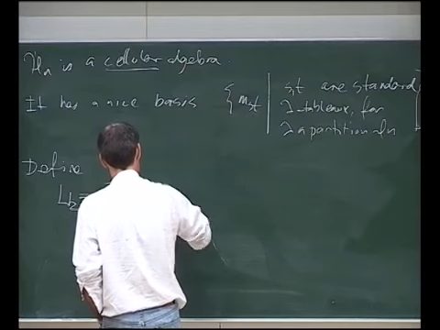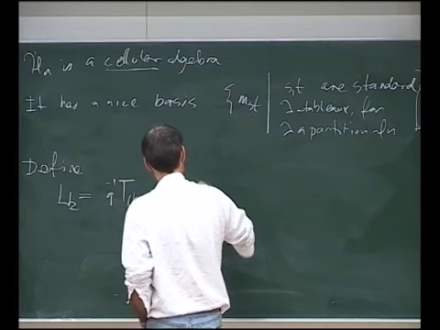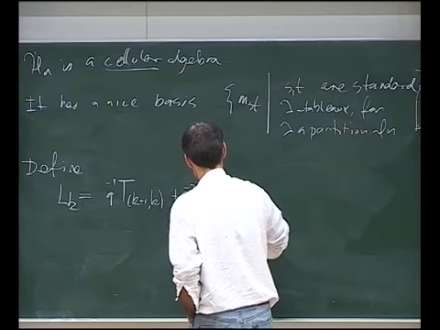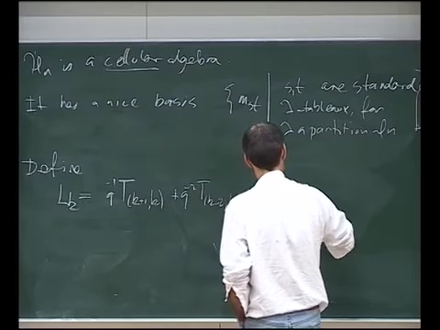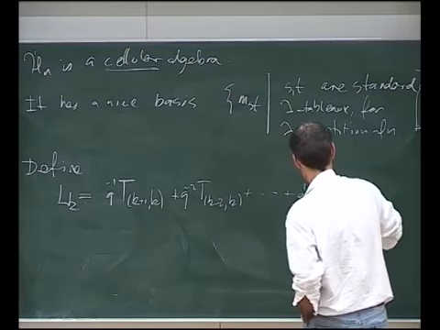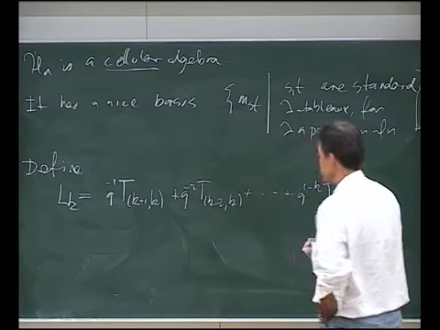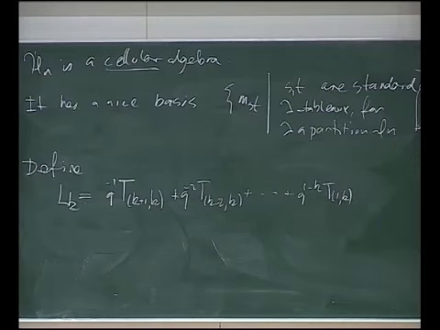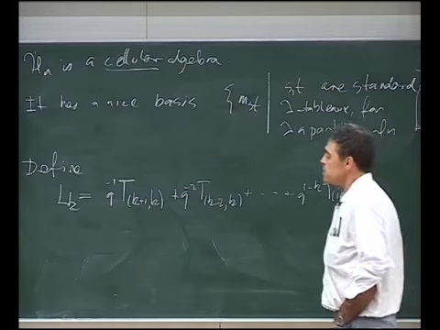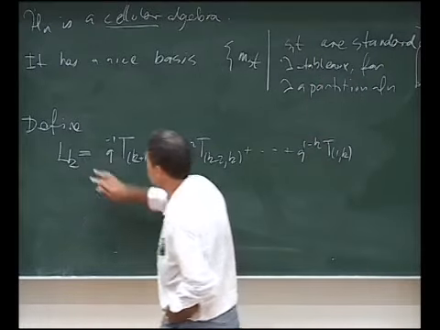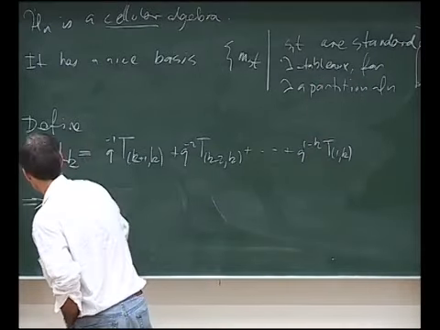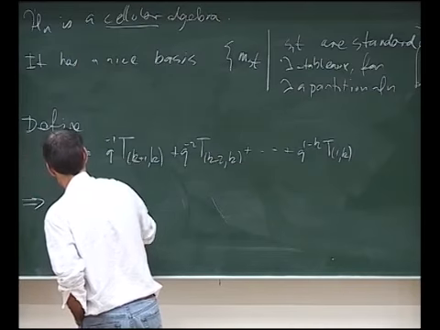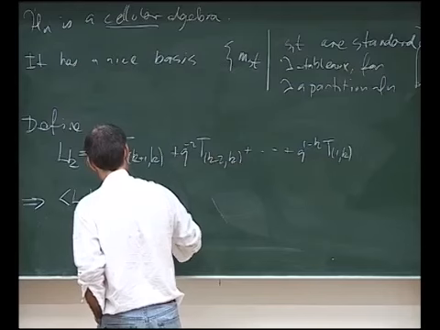Now let me define a Jucys-Murphy element to be this following sum of basis elements for the algebra.